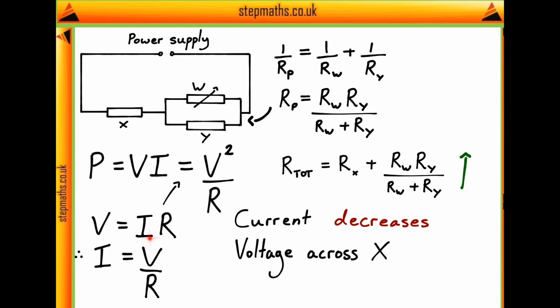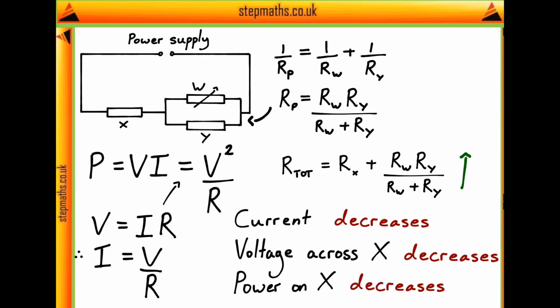But we also know that the current through X is decreasing. So that means that our voltage is going to decrease as well. Now, if our current and voltage are both decreasing, then we know that the power on X, or the power being dissipated across X, is going to be a decreasing value multiplied by a decreasing value, which is going to be decreasing itself. So the power on X is going to decrease as the resistance across W increases.